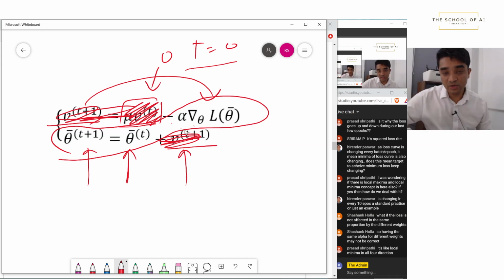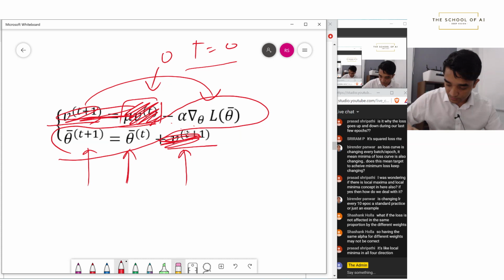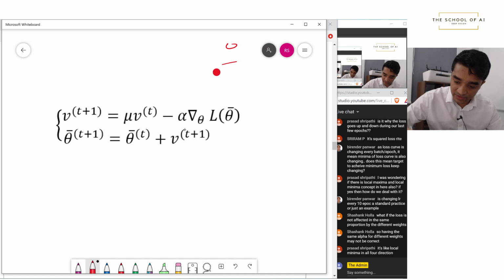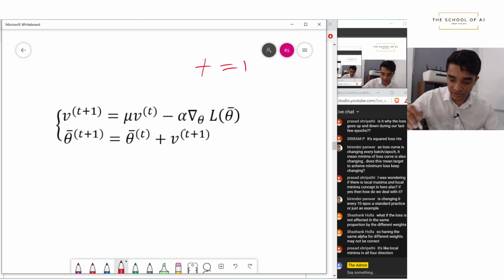But when t is equal to 1, this v t plus 1 is equal to mu into v t. We are going to see what mu into v t is.